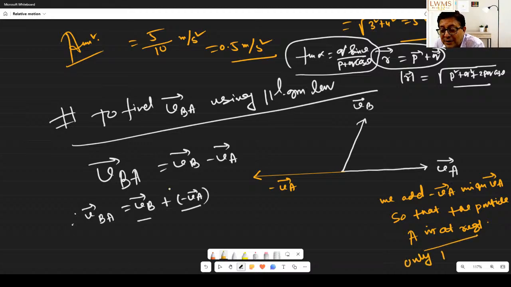Only B is moving. So VA is there, we have added minus VA.